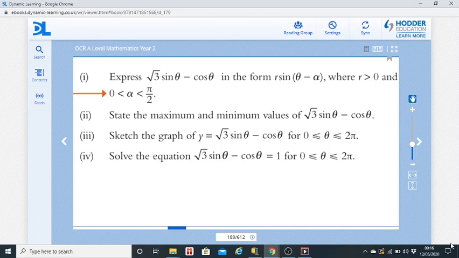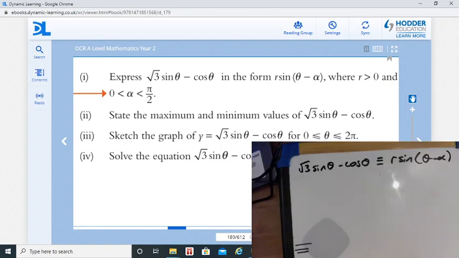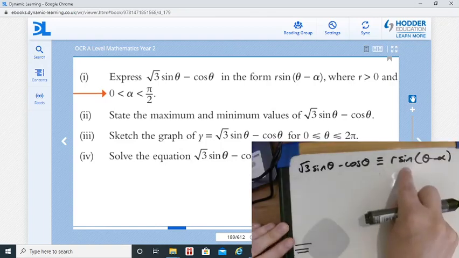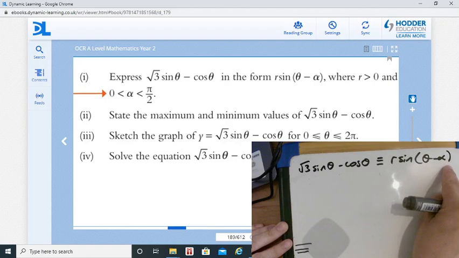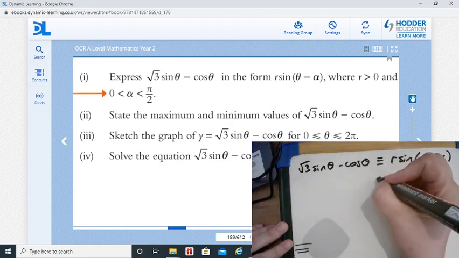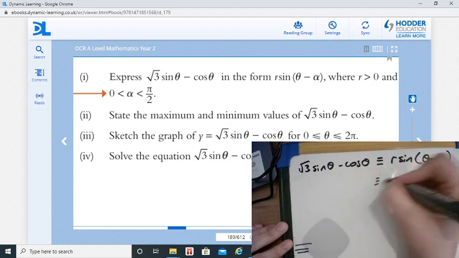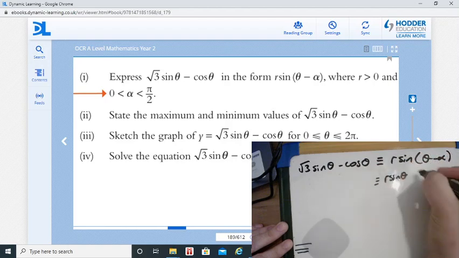So the first thing I'm going to start with is the right-hand side. On the right-hand side, I have r sine(theta minus alpha). If I expand that, that becomes r sine theta cos alpha minus r cos theta sine alpha.